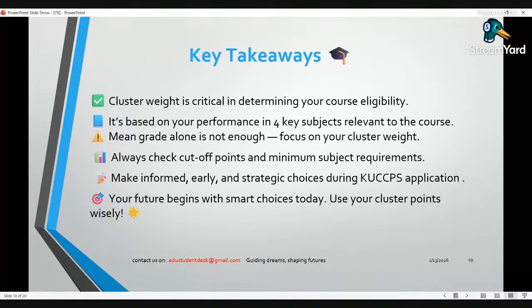And always check your cutoff points and minimum subject requirements before applying, and make informed, early and strategic choices during the KUCCPS application. Kindly note, cluster weight is just like a compass. It helps you match your strengths to the right course, ensuring that you don't just get placed, but placed where you truly belong.